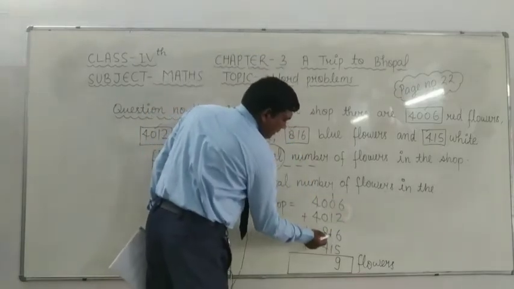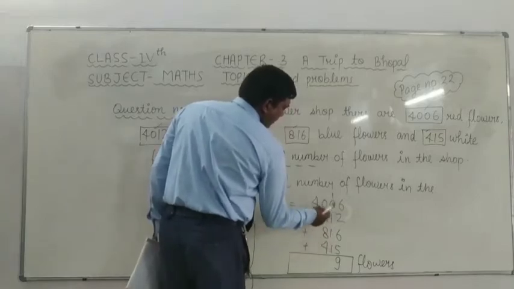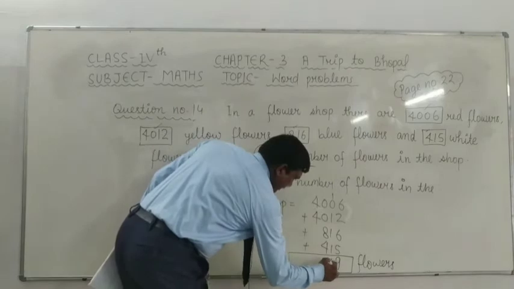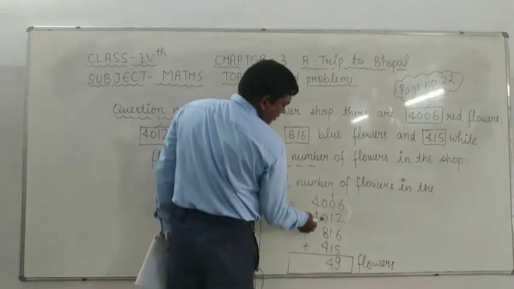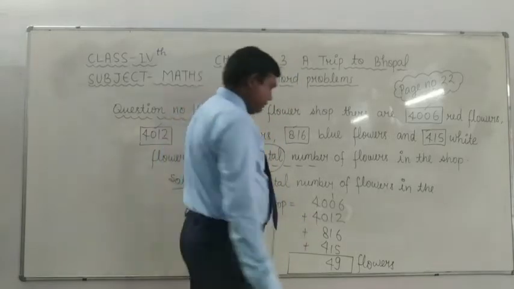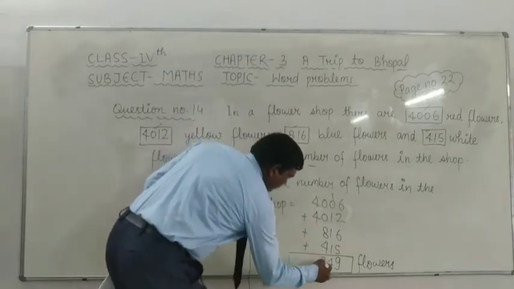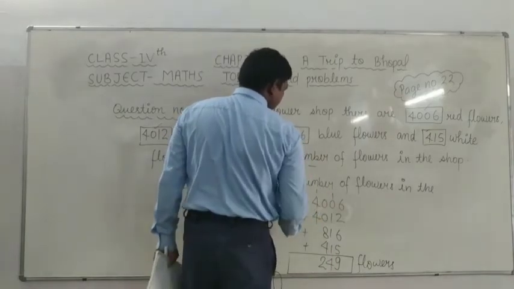Look, 1 plus 1 plus 1 plus 1: 1 plus 1 is 2, 2 plus 1 is 3, 3 plus 1 is 4. Here we can write 4. Again 0 plus 0 is 0, 0 plus 8 is 8, and 8 plus 4 is 12, 2 carry 1. And here we can write 1.